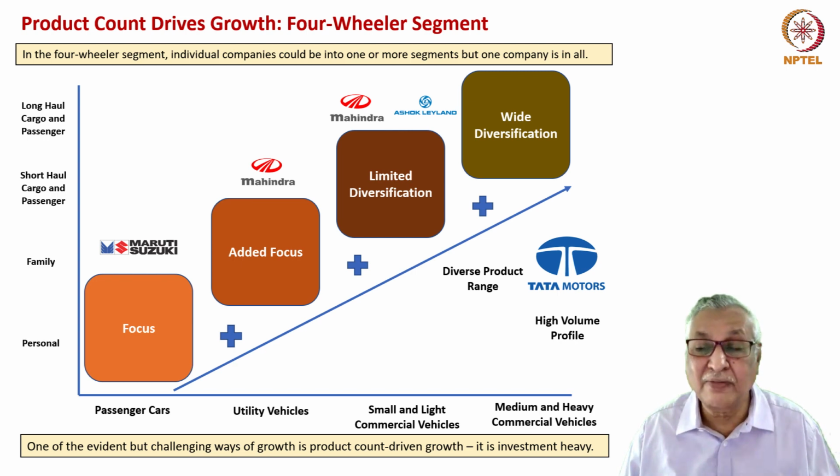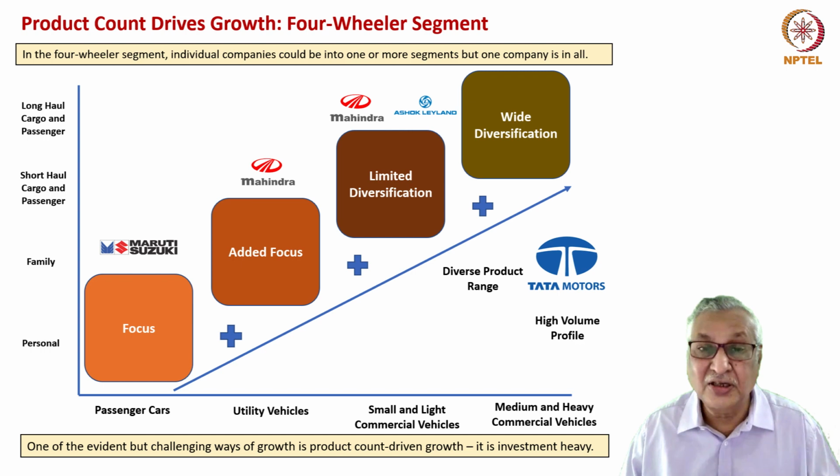But there has been one company, which is Tata Motors, which was present and continues to be present in all the product portfolio requirements. And it offered diverse product range with high volumes across the usage segments with different types of products: passenger cars, utility vehicles, small and light commercial vehicles, medium and heavy commercial vehicles. One of the evident but challenging ways of growth is product count driven growth.